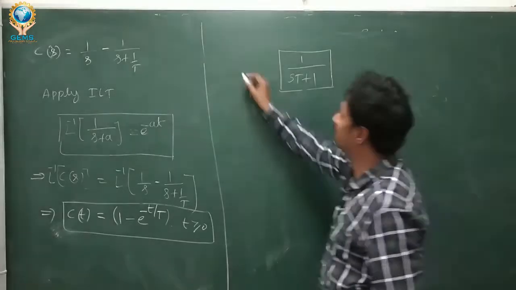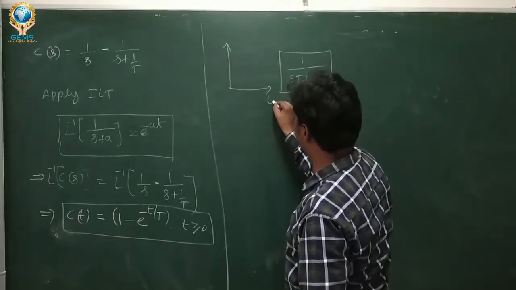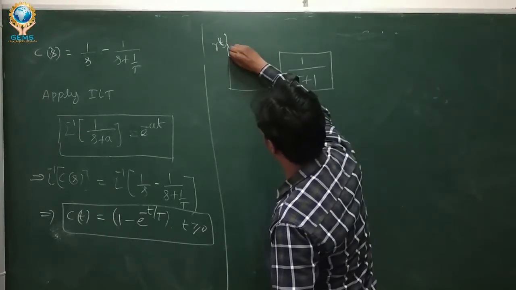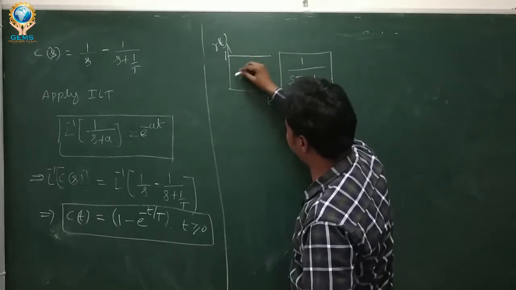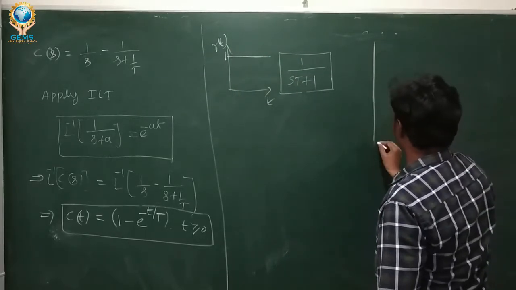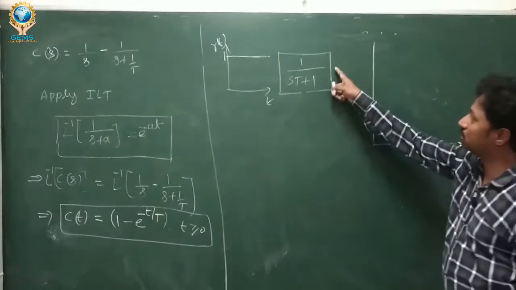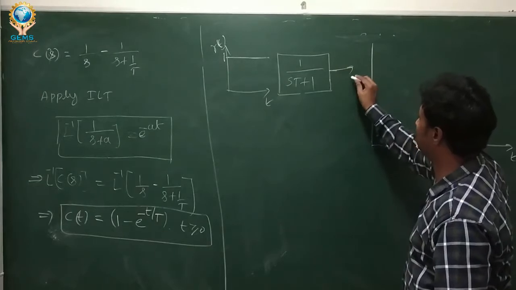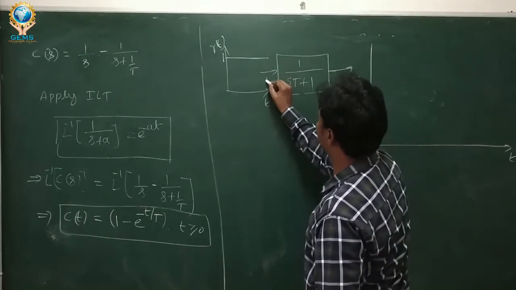The input signal you have given is a step signal, r of t, with magnitude 1. For the given input, this is your system response, C of s, and this is R of s.